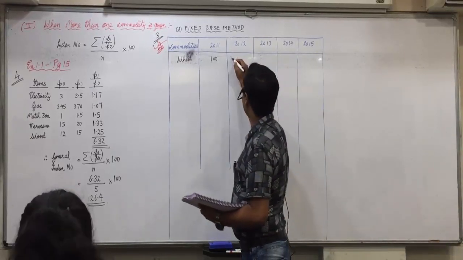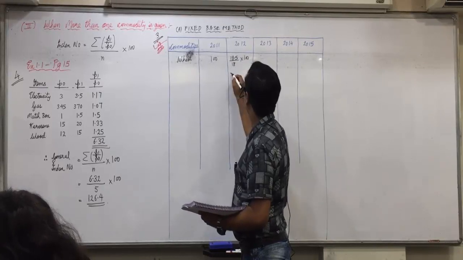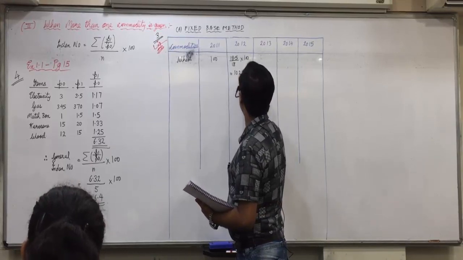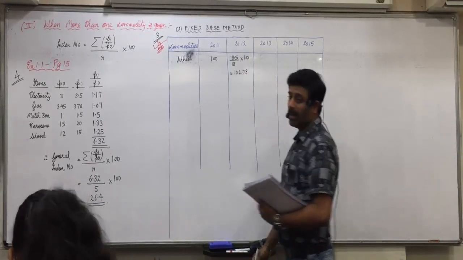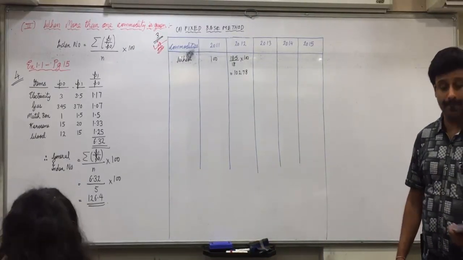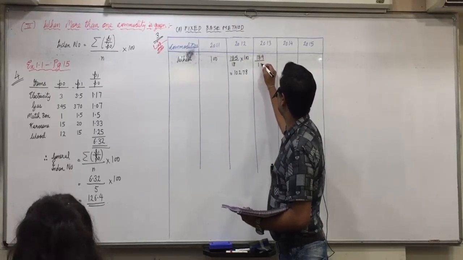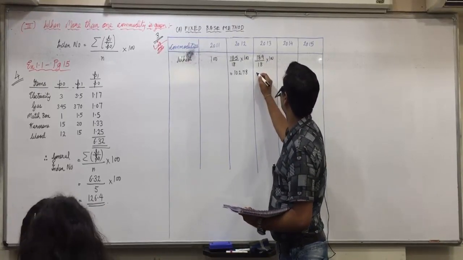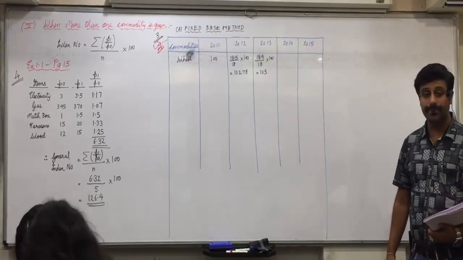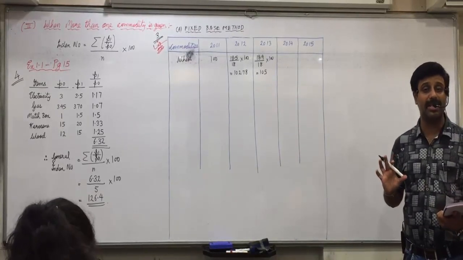So do 18.5 divided by 18 into 100. 102.78. Two decimals you write. Any confusion up till here? Then 18.9 divided by 18 into 100. 105. Any confusion in this? Fixed base, so all will be divided by 18. Who is not able to understand this? Raise your hand.